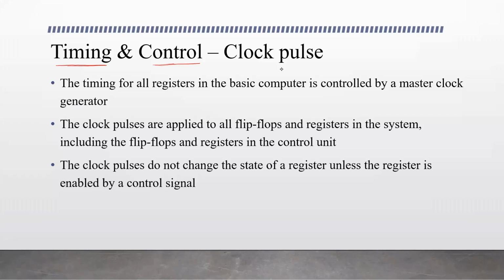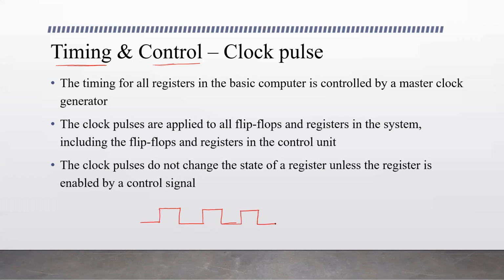When the control input is active, and at the same time the clock pulse goes high, when the edge of the clock goes high, the operation is performed. The clock signal has two states, positive and negative.